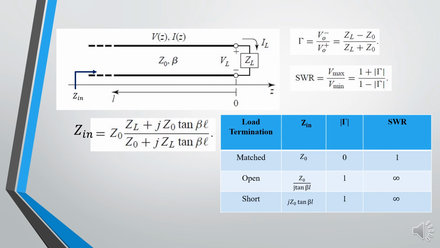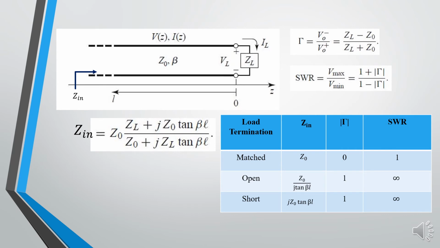Again, come to the expression of the reflection coefficient. Here also, when we make ZL equal to 0, rho becomes -1, and the magnitude of the reflection coefficient equals 1.